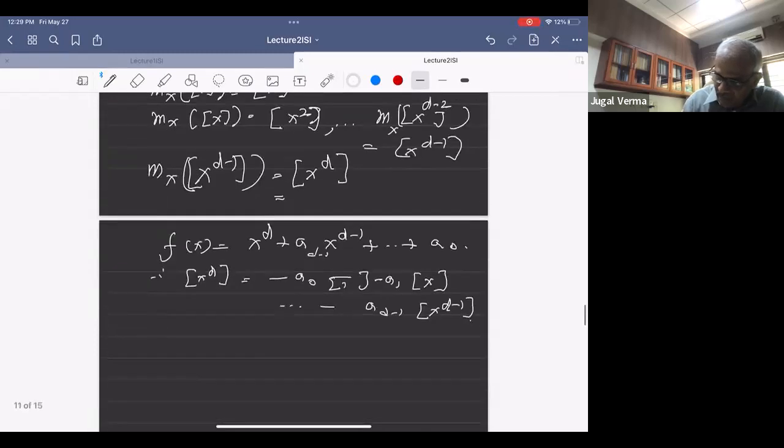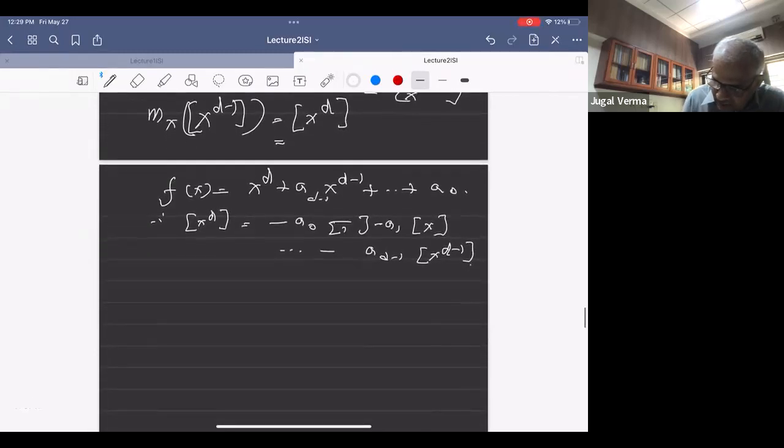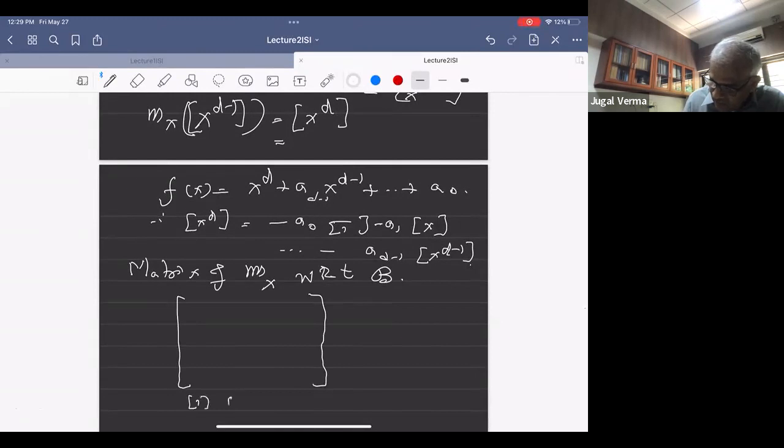Okay, so therefore I can write the matrix of the linear transformation Mx with respect to my basis B. Columns are representing the basis vectors. It's a d by d matrix because R mod I is a d-dimensional vector space. d is the degree of f(x), and 1 is mapped to the residue class of x.